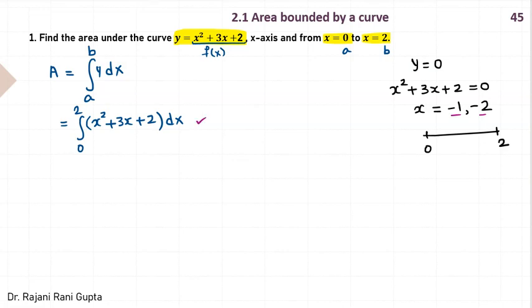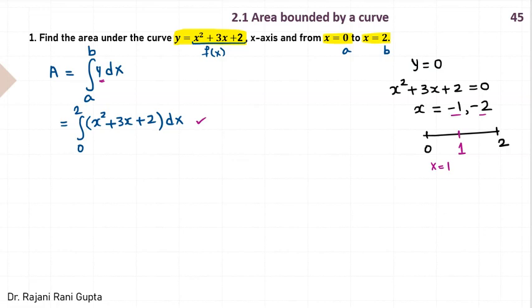So this is your area. Now, you still have to check whether your function, this y, is positive or negative between these two. In between these two, select any point, say x = 1.